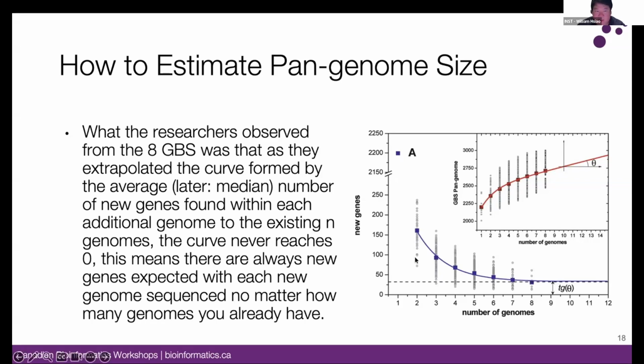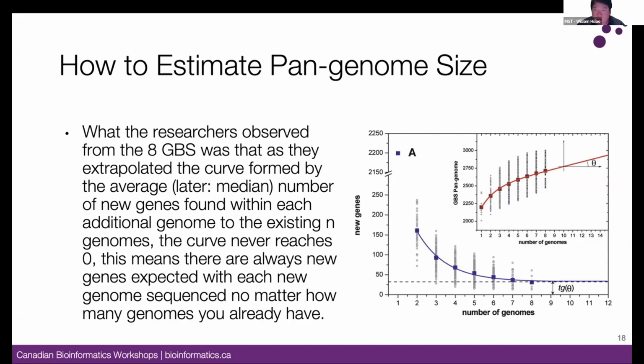And then the next iteration you see here is that you start with 3 genomes and you then treat the other 5 as new genomes. And essentially you plot the number of new genes identified as each genome is added to the pile.